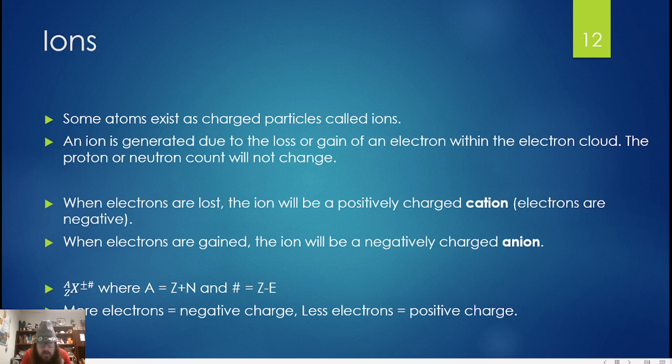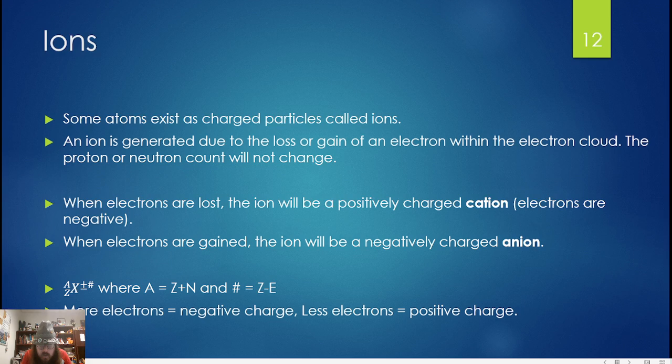So now we can introduce the charge number to that formula over there. That A, our mass number, is the sum of the number of neutrons and the number of protons. Z is just the number of protons. And our charge, which is a superscript that goes behind it, is the difference between the protons and the electrons.